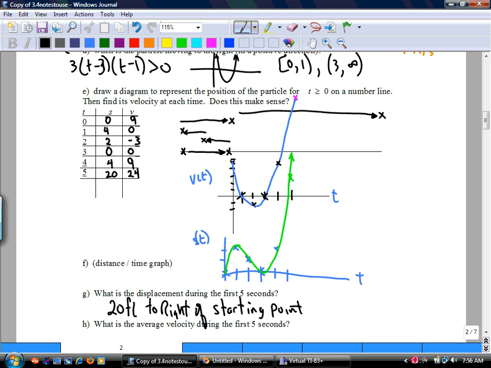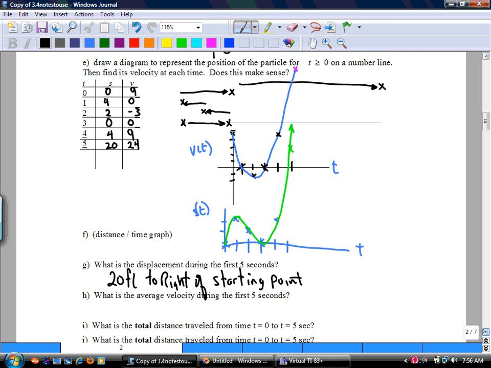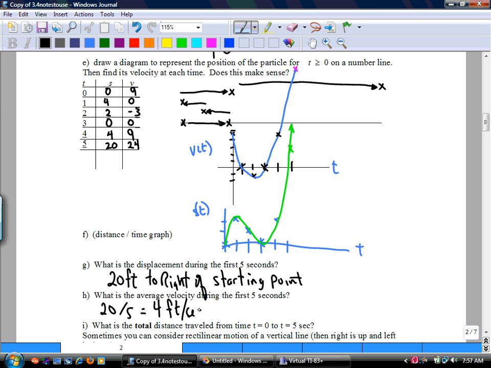Okay. What is the average velocity in the first 5 seconds? Divided by 5 equals 4 feet per second.